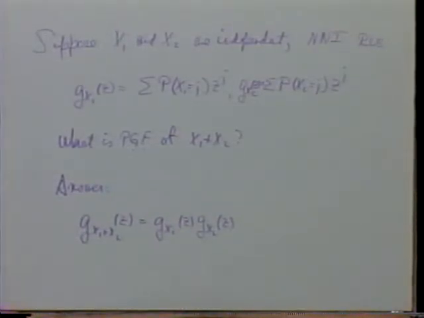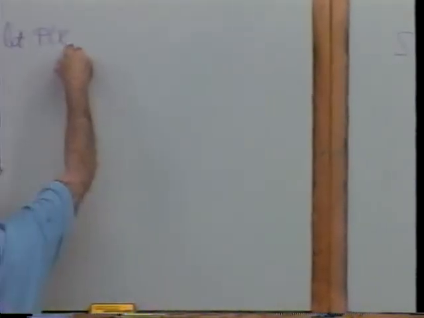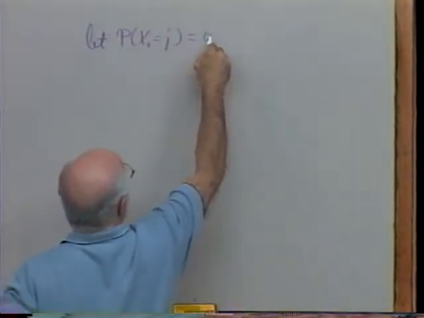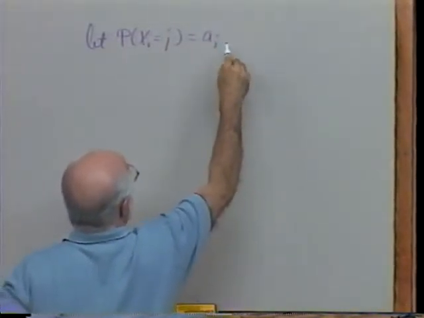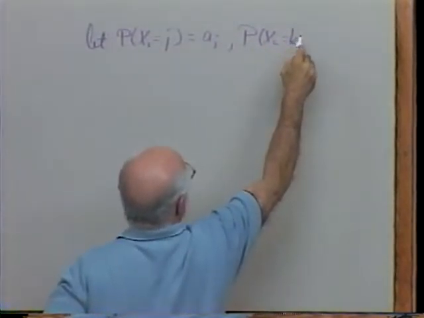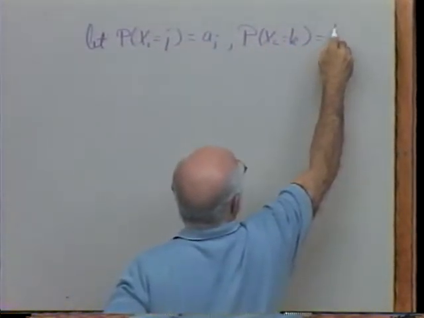Okay, to simplify my notation, let the probability that x1 is equal to j be a sub j, and the probability that x2 is equal to k be b sub k.